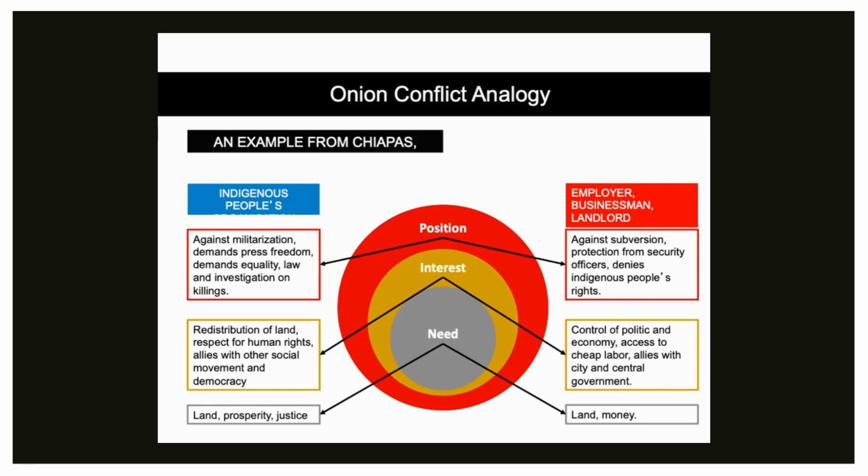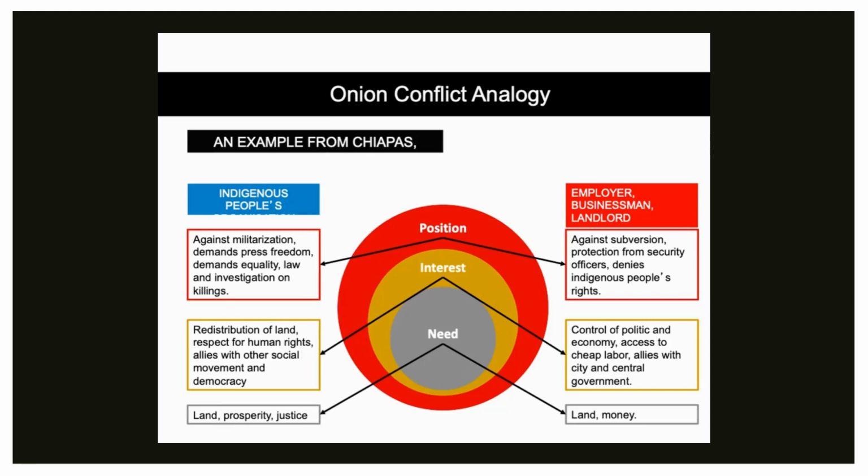Not only to see the position or the interest, but the needs of all of the conflicting parties is important. This is one tool we call the onion conflict analogy, to make the differences between the position, the interest, and the need of the conflicting parties. Okay, this is one example.